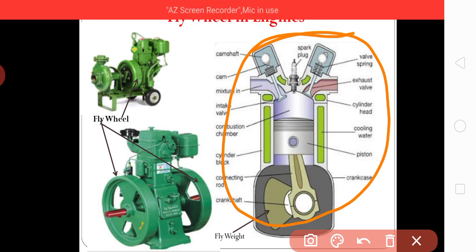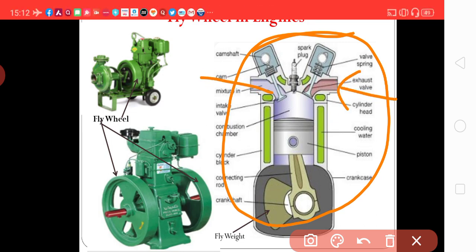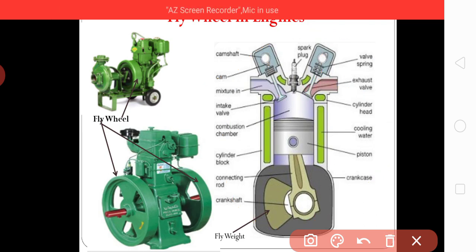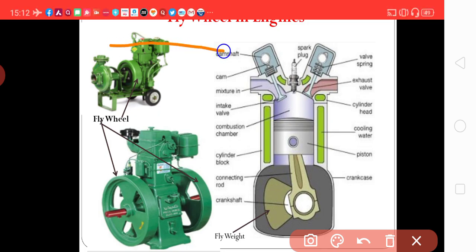This is the inlet valve. This is the outlet valve. This is the poppet valve. Poppet valve means you can say the mushroom head valve, as its shape is just like a plant mushroom. Its shape you will find is like this.